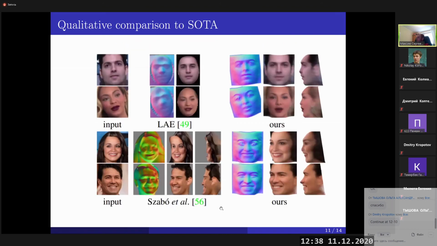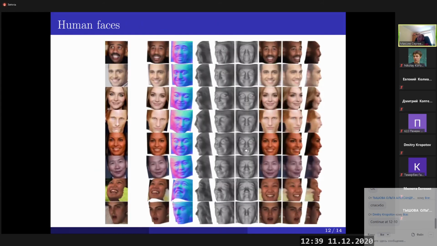So go to the images. On the left, you can see input images, then SOTA supervised images, and images obtained from the paper. So as you can see, that method could perform even better than the state-of-the-art supervised model.